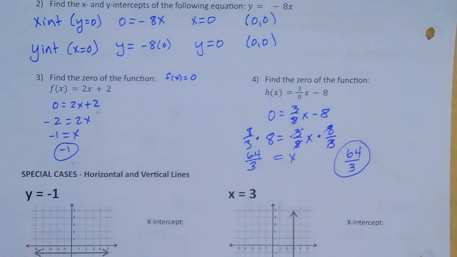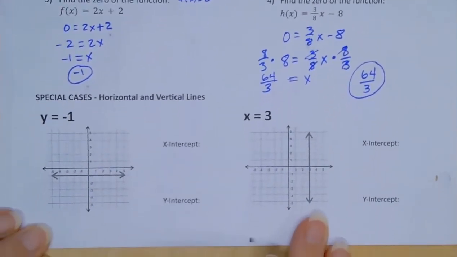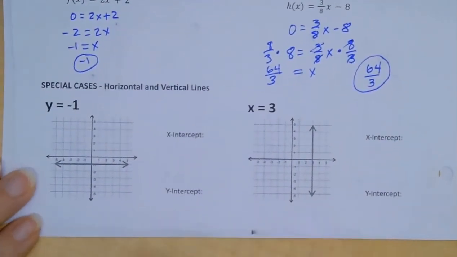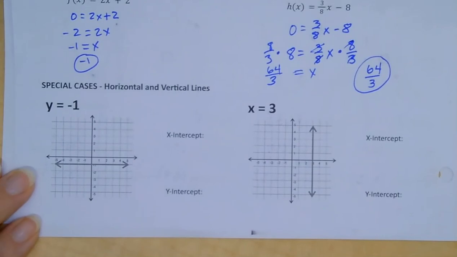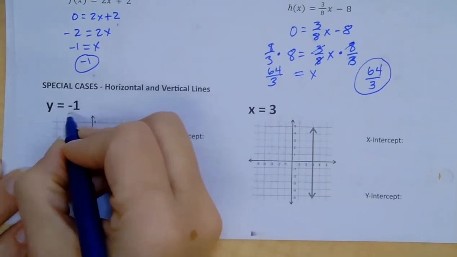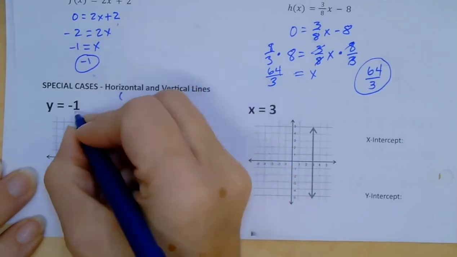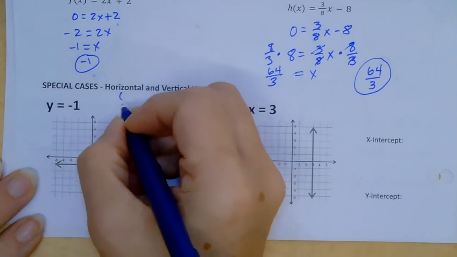All right, there are some special cases when we have horizontal lines or vertical lines. And so if I have an equation that says y equals -1, then what that really means is for any x, y equals -1. So it's all of the ordered pairs, doesn't matter what x is, where y is -1.